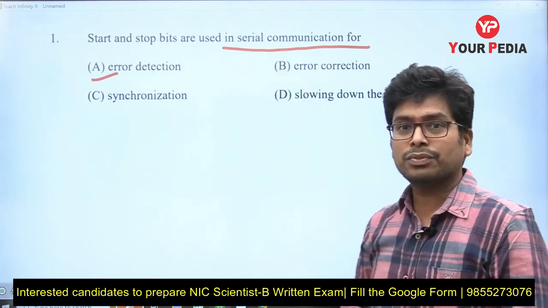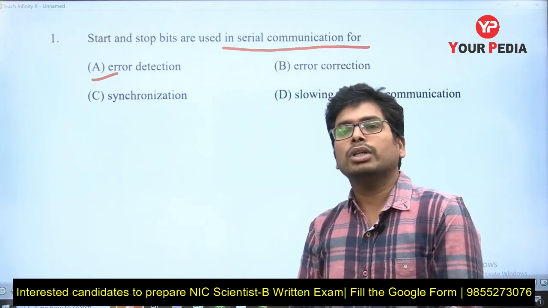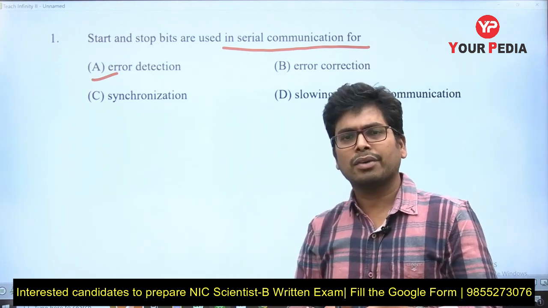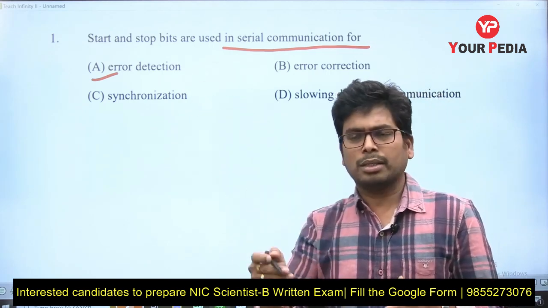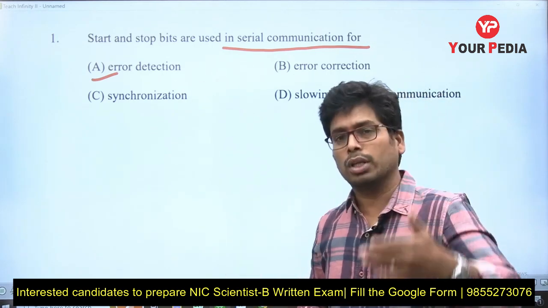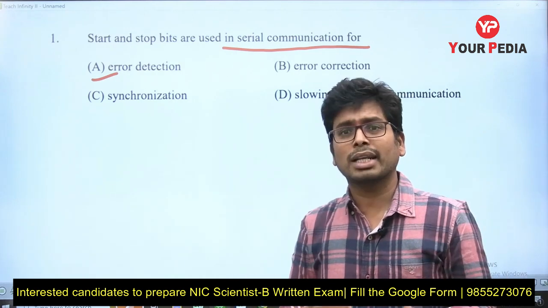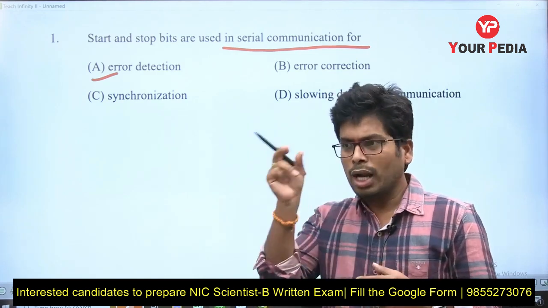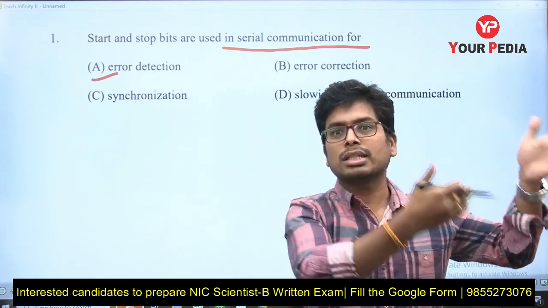We say it is for error detection because, please remember, we must understand what error means in computer networks. In programming languages, an error may be a syntactic error, for example using a colon instead of a semicolon, or a brace instead of a flower brace. But in computer networks, whatever the sender sends should reach the receiver side.